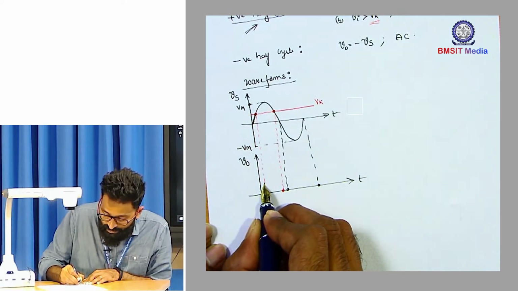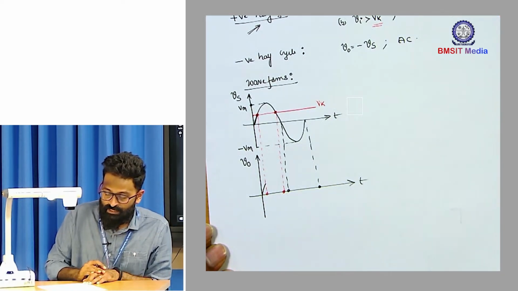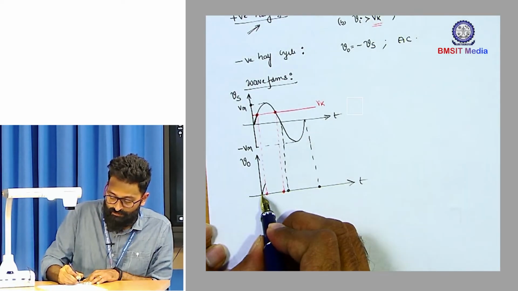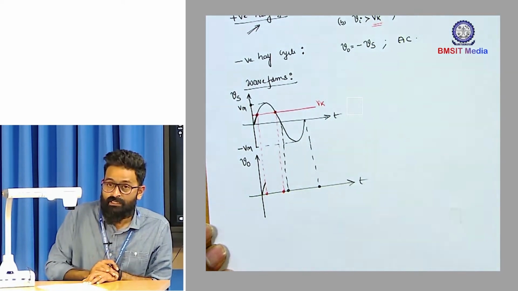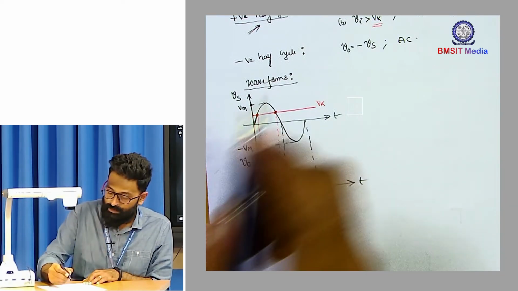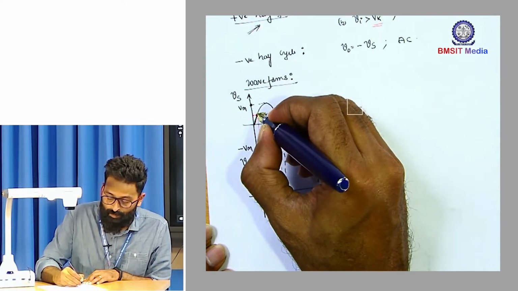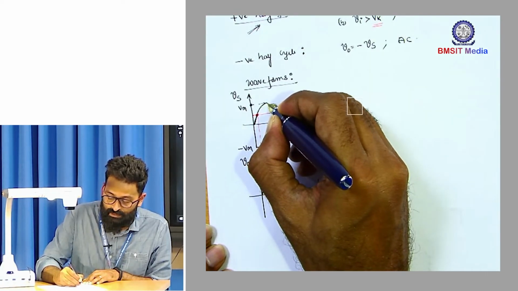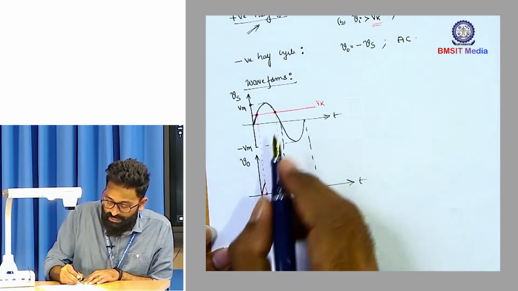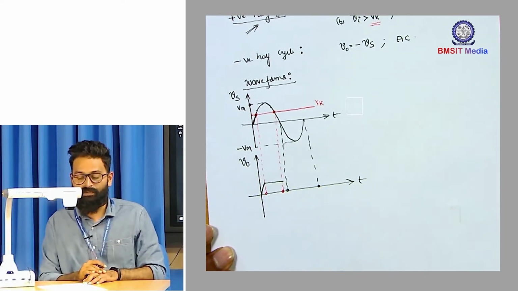So for the values of the input less than Vk, your output is going to be Vs. So I have drawn a sinusoidal output here. And the moment input exceeds the Vk value, output is equal to Vk. So beyond Vk, there won't be any sinusoidal output, right?